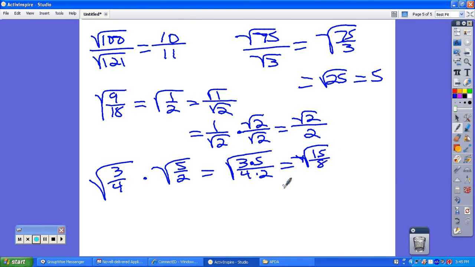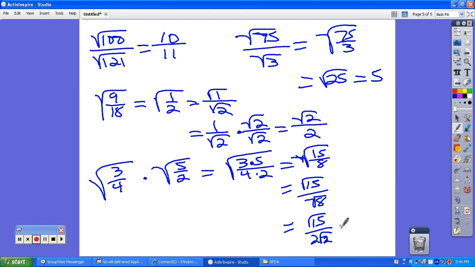Again, there's so many ways to approach this. So I'm going to do square root of 15 over square root of 8. Okay, but I know 8 has a 4 and a 2. So basically what I have here is square root of 15 over 2 square root of 2. Again, that's something you can do because that's a very simple one.